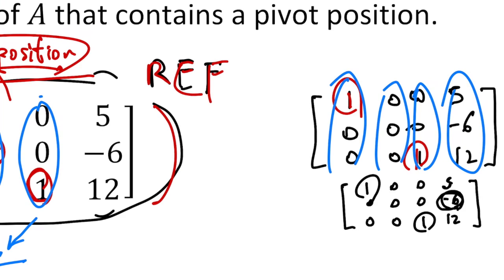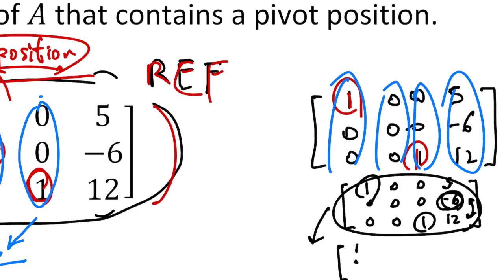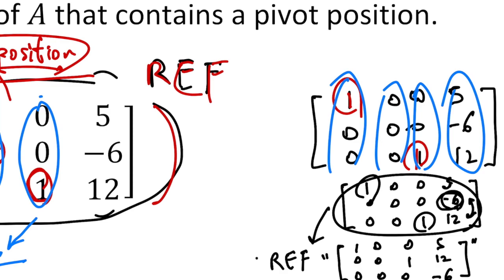So to make this matrix a reduced echelon form, we can replace these two rows like 1 0 0 5, 0 1 12 0 0, something like that, right?